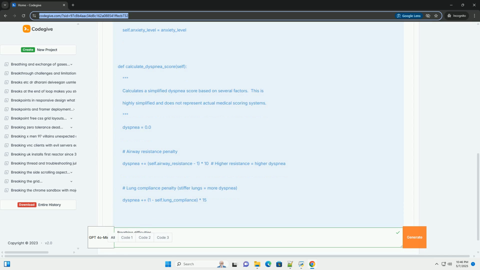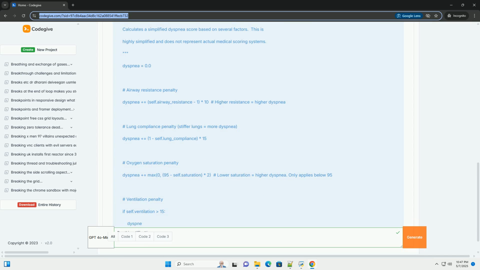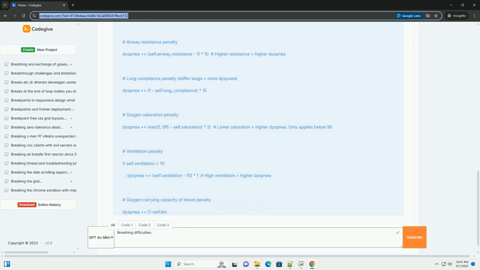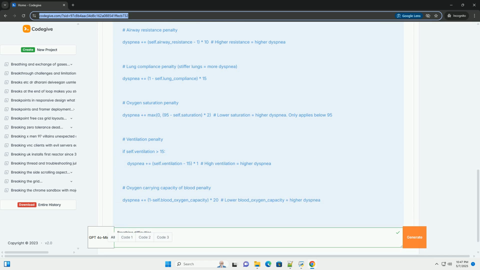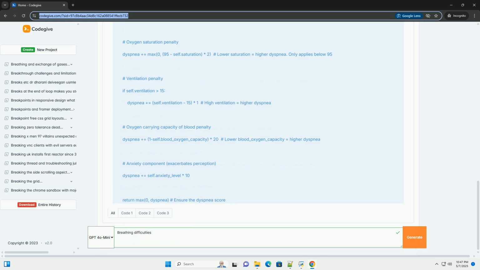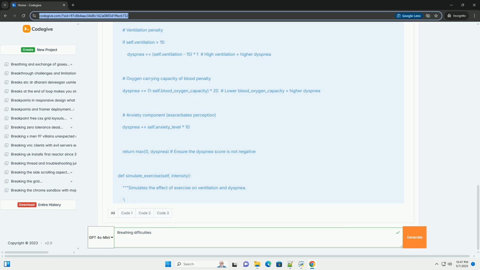Before we can understand breathing difficulties, we need a grasp of normal respiratory physiology. The respiratory system's anatomy. Upper airways: nose, nasal passages, pharynx, larynx. These warm, humidify, and filter inhaled air.